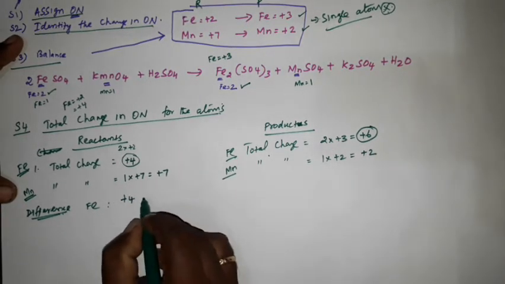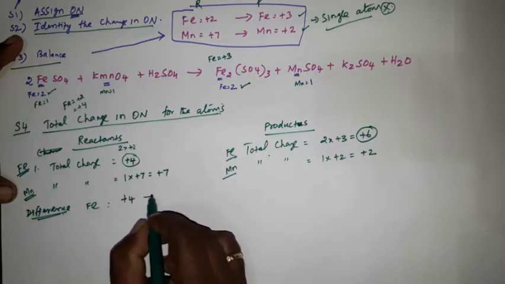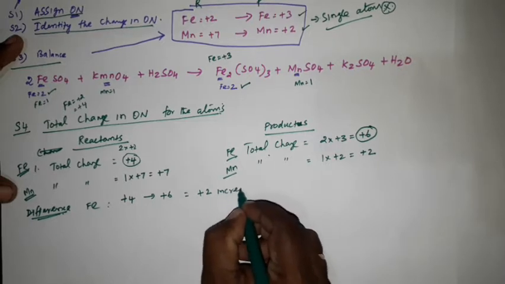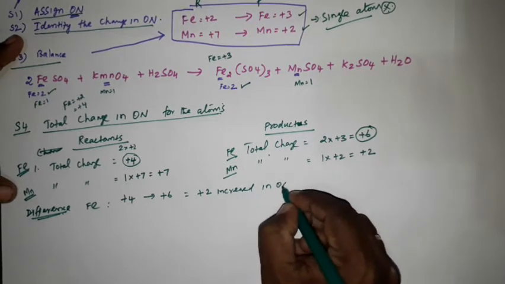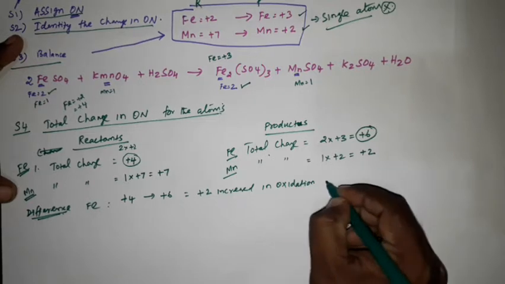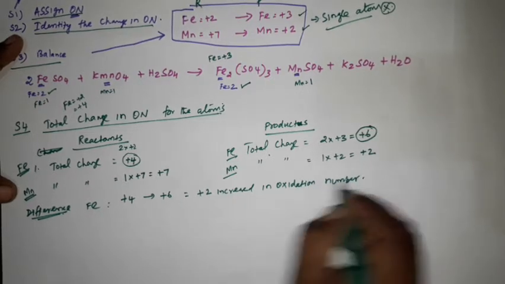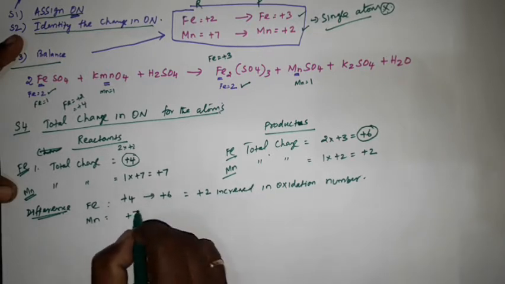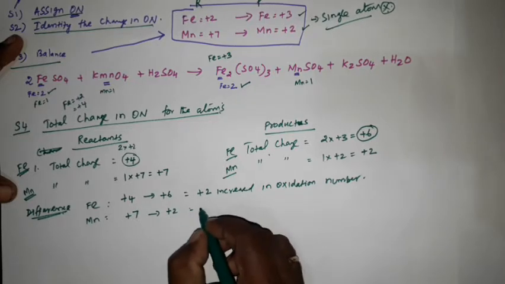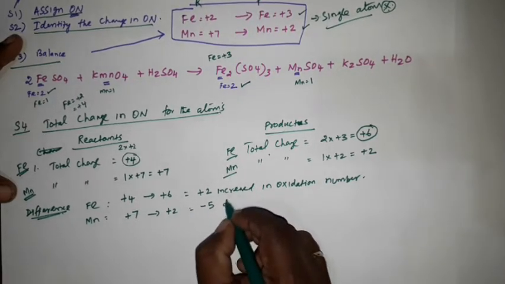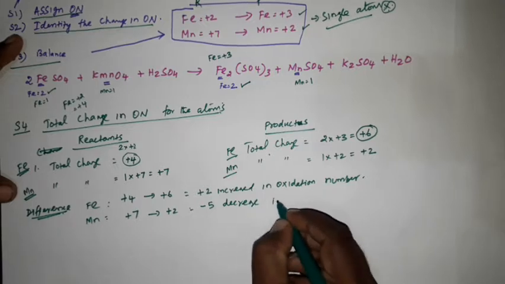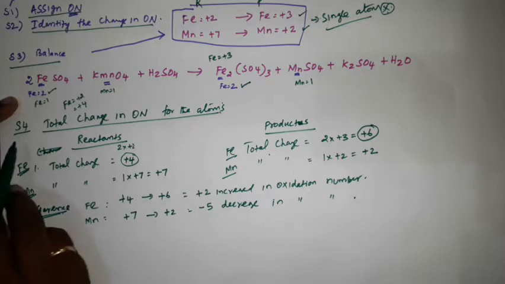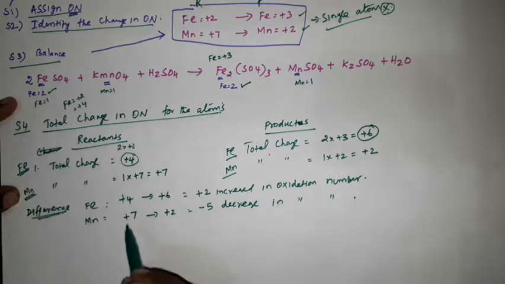Plus 4 changed to plus 6, so the difference is plus 2, increased in oxidation number. Clear? Next, for manganese, what is the difference? Here plus 7 to plus 2, so that is minus 5, that is decrease in oxidation number, right? So in step 4 you have to calculate the change in oxidation number.